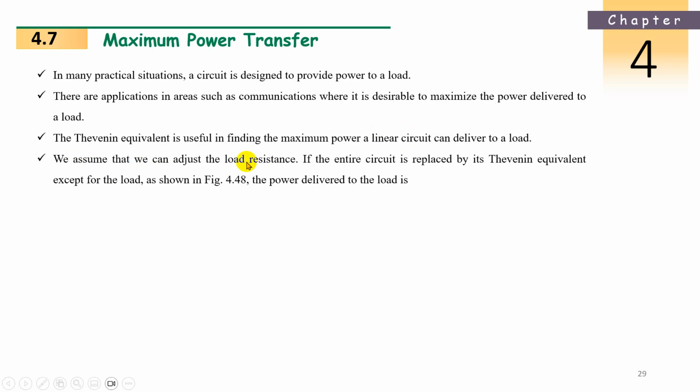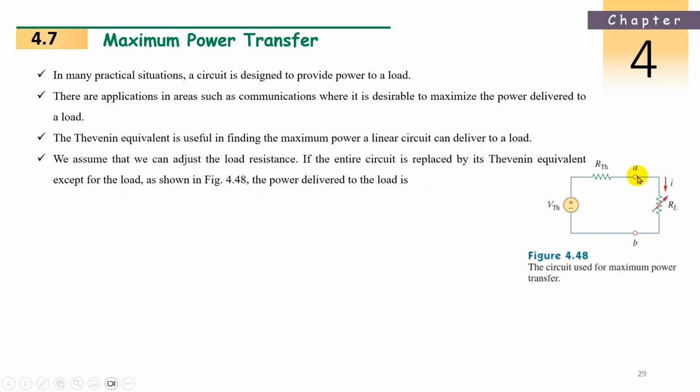We assume that we can adjust the load resistance, changing it every time so that we can see when the power is maximized. The entire circuit is replaced by its Thevenin equivalent except for the load, as shown in the figure. This is the load resistance that we want to vary, so we can find at what point the power transferred is maximum.